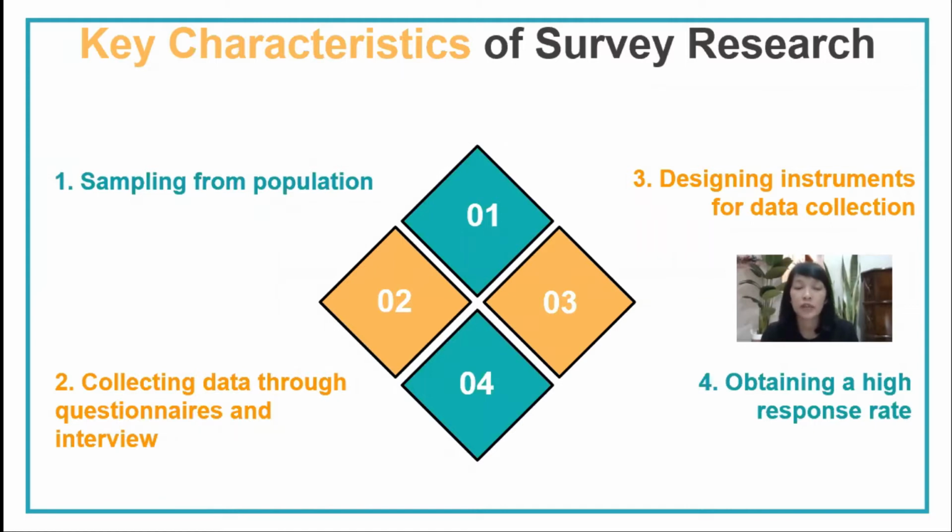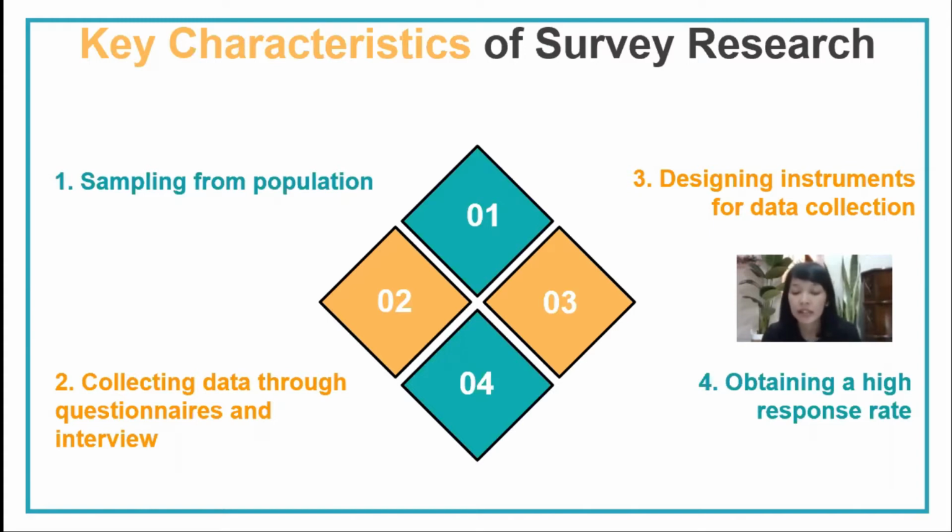So it will present a good finding of survey research. And in relation to collecting data through questionnaires and interview, meaning that the procedure in data collection should be determined well. It means that different data collection will create different data collection procedures.